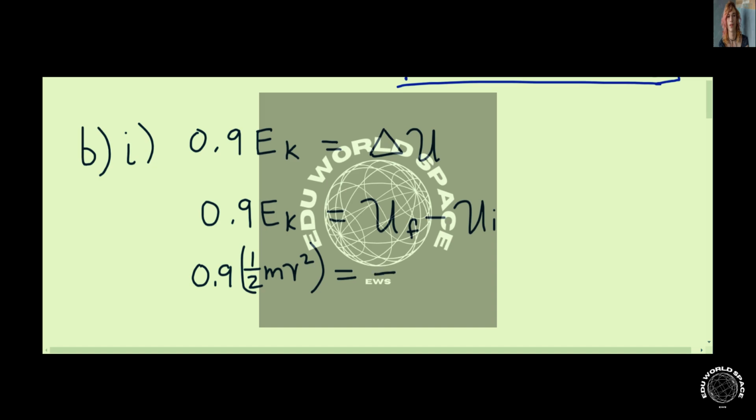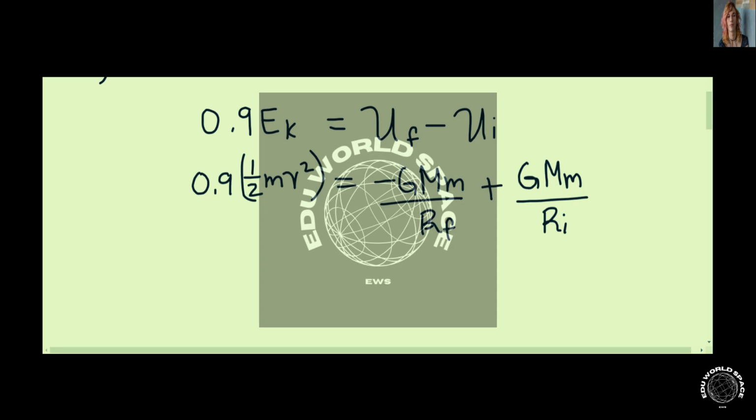And for potential energy, it's going to be negative GMm over r, where big M is the mass of the comet, small m would be a piece of debris. And I'm going to label this first R as RF because this is going to be the final R. And then in the second term, we'll label it RI because this is the initial R. And you can see right away that we can cancel out all of these m's.